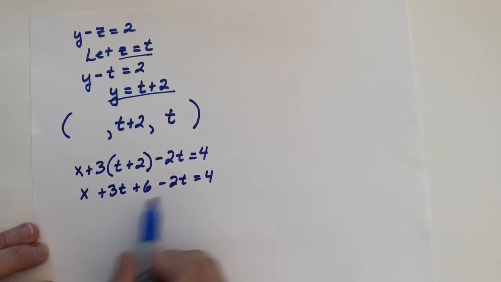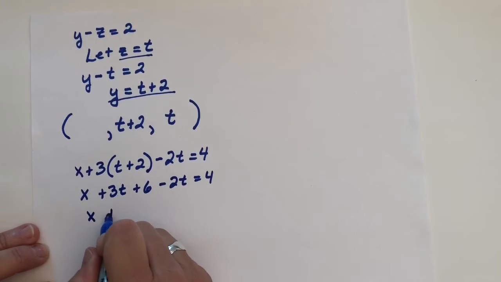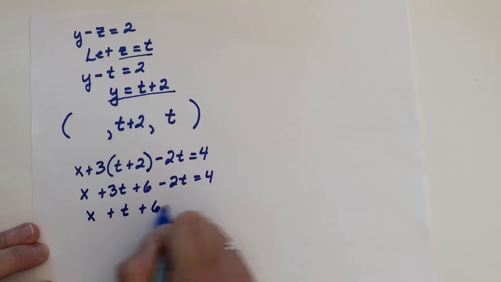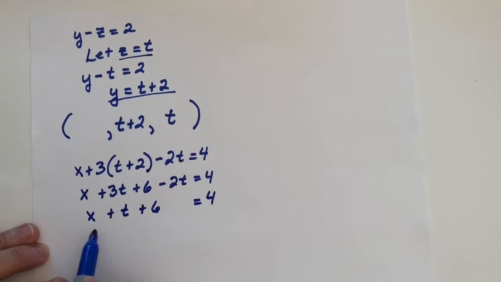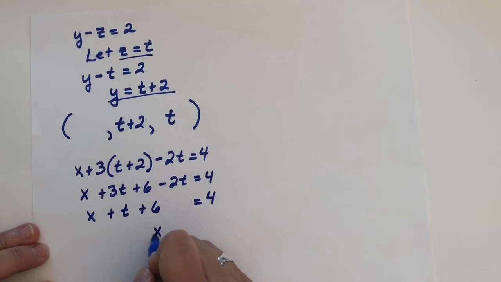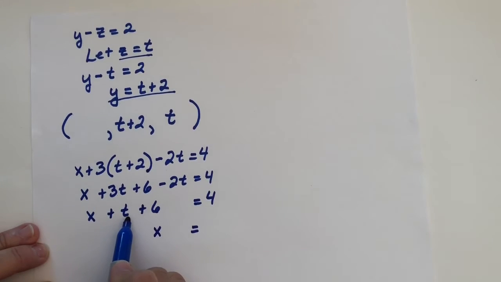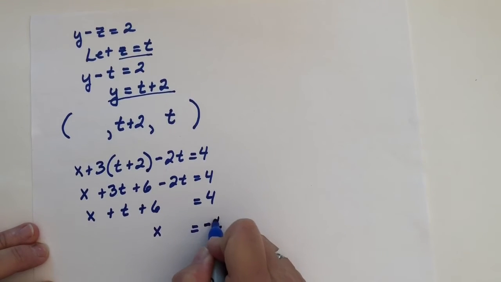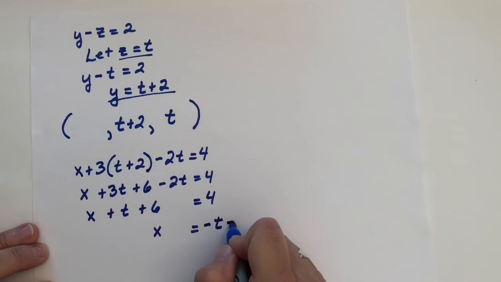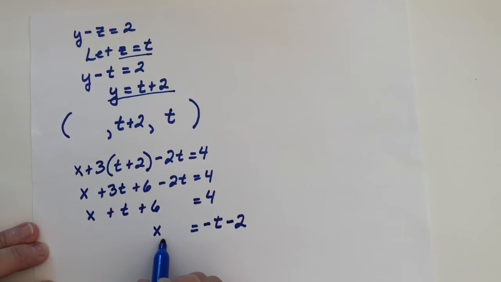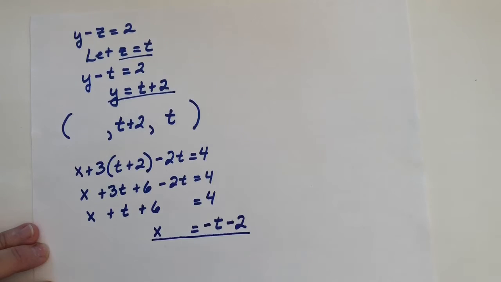Let me combine my like terms, and I'm solving for x. So I have x equals, I'm subtracting t, that's negative t, I'm subtracting 6, and that's minus 2. So now I have a representation of x with respect to t.